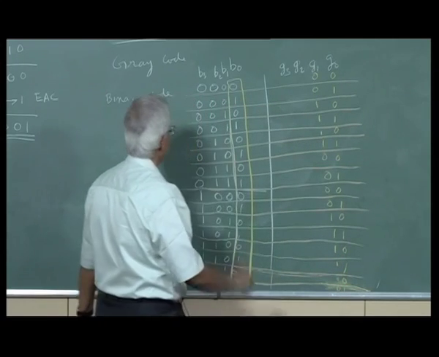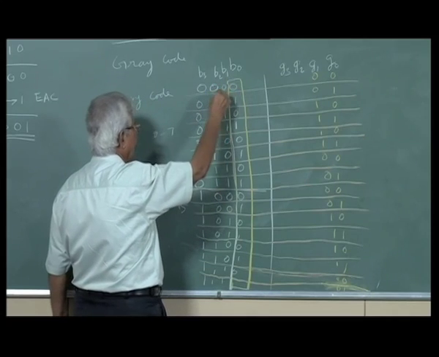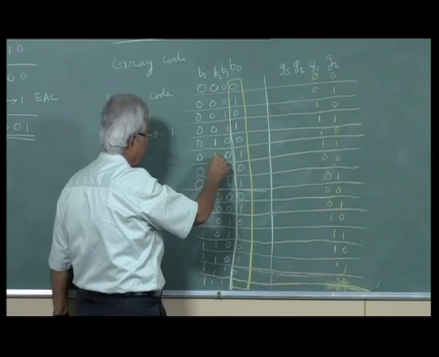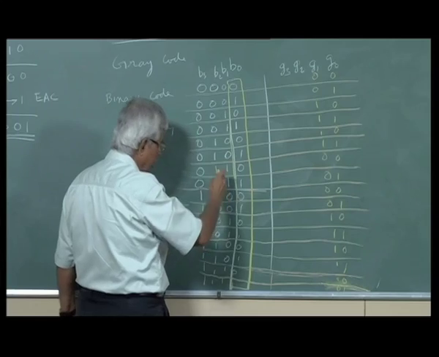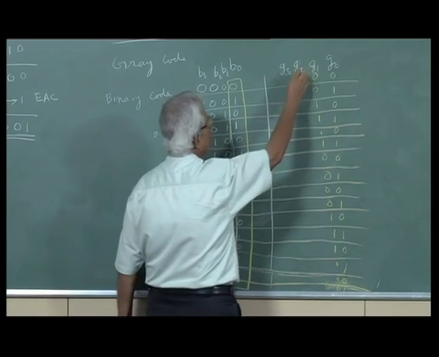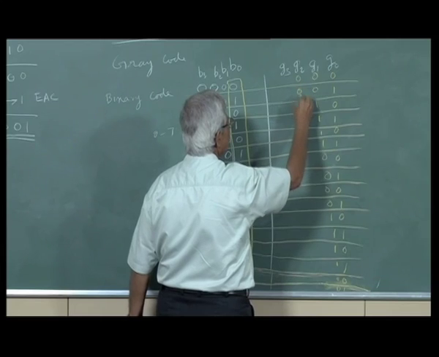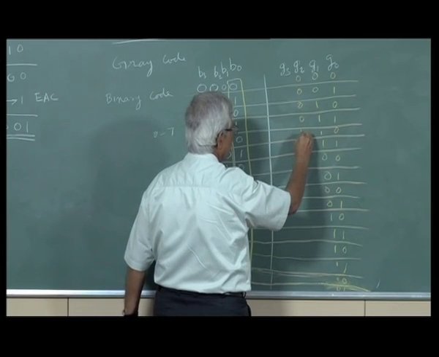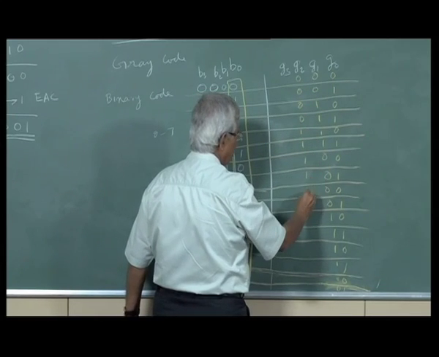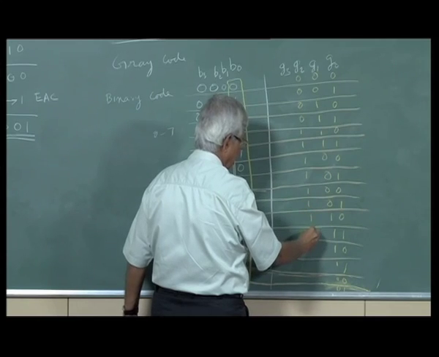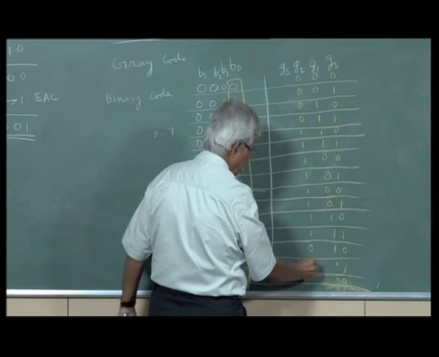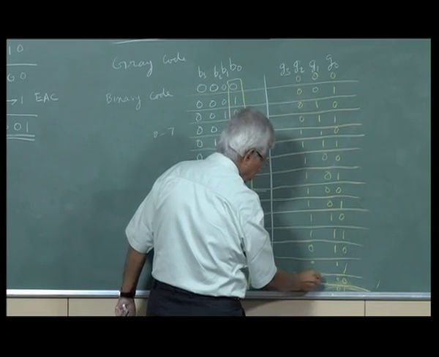Third column: 4 zeros, 4 ones, then again 4 ones, 4 zeros. 4 zeros, 4 ones, 4 ones, 4 zeros.